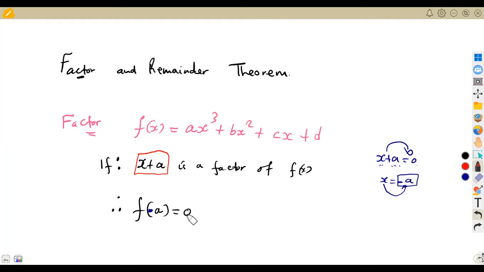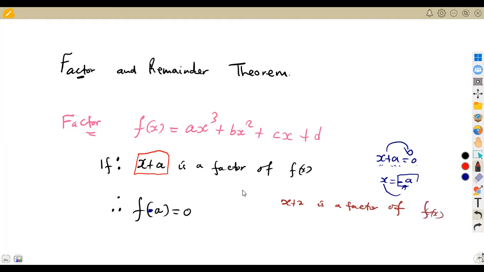It must give us, for example, let's just say x plus 2 is a vector of f of x. What does it mean? We are saying this one is a vector of f of x.